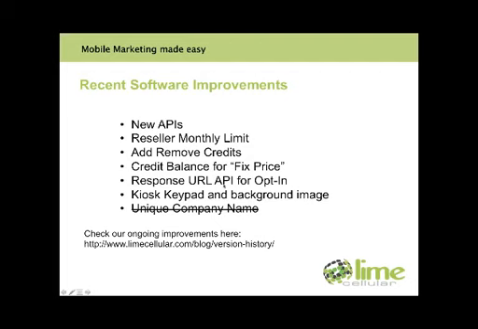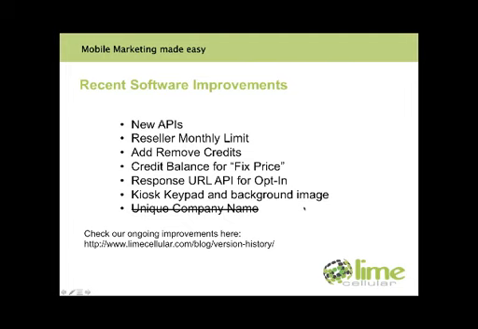The response URL API, we now added it to the opt-in list, not just the lead list. Some people say, what the hell is that? Sounds like Chinese. But if you are a programmer working with our system, you know exactly what I'm talking about. We improved the kiosk keypad. It's a lot more responsive, and you can add background images as well.